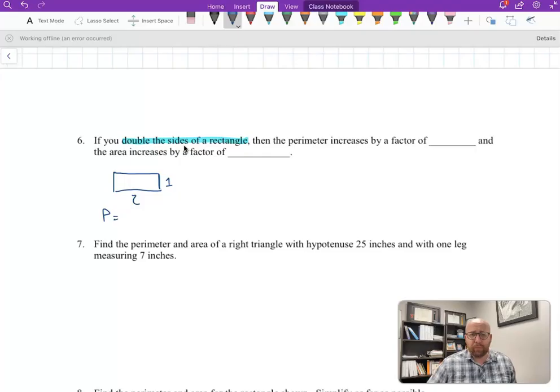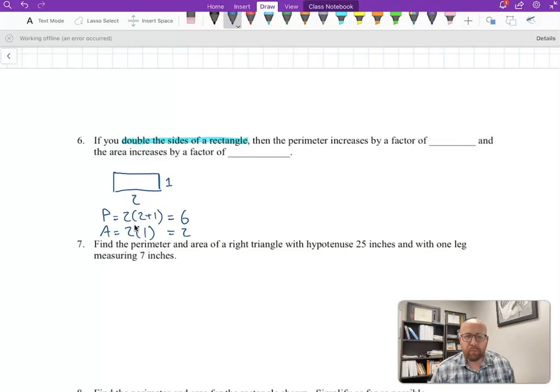The perimeter here is going to be 2 times 2 plus 1. We're going to add our length and width, multiply it by 2. 2 plus 1 is 3, times 2 is going to be 6. And the area is going to be 2 times 1, which is going to be 2.